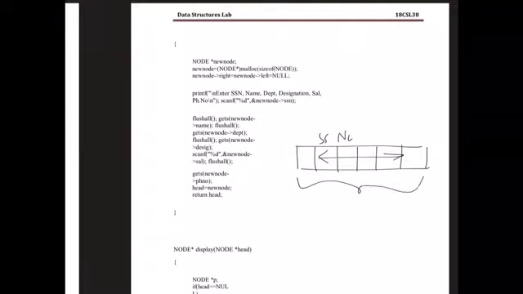That's why you use malloc with the size of the node, so this entire thing is allocated to you. Then you ask for the SSN, name, department, designation, salary, and phone number, and pick them up one after the other. So that is how getnode, the creation of a node, works.